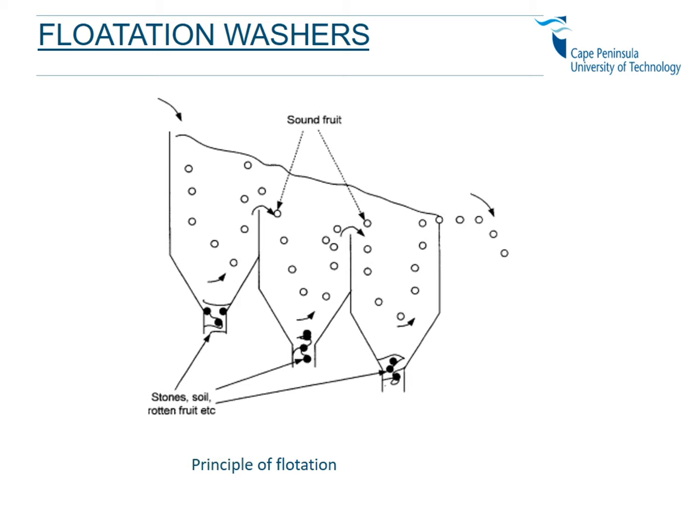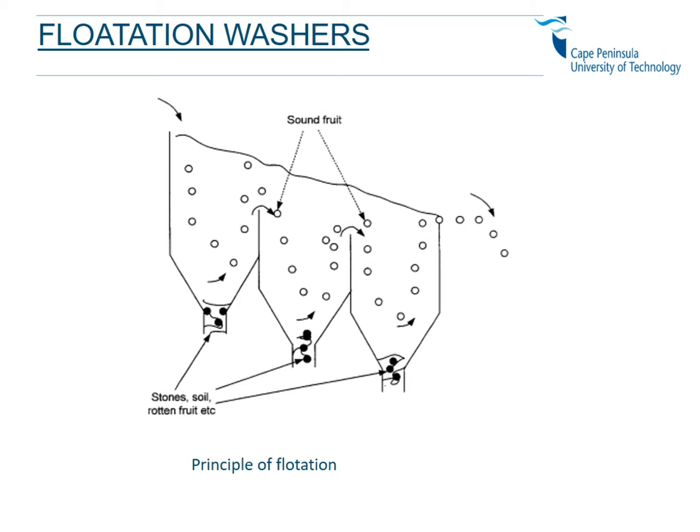Hydro means water, right? So the examples that can be mentioned for this type of method will include things like apples, whereby bruised or rotten apples will sink in water, and then those that are sound, which are proper or good, will float.